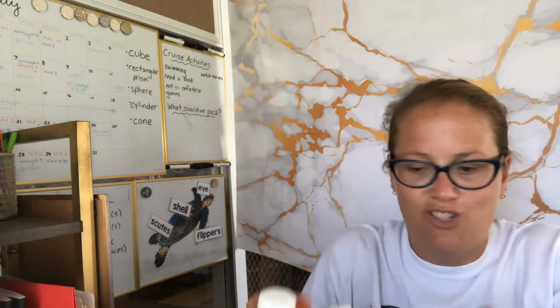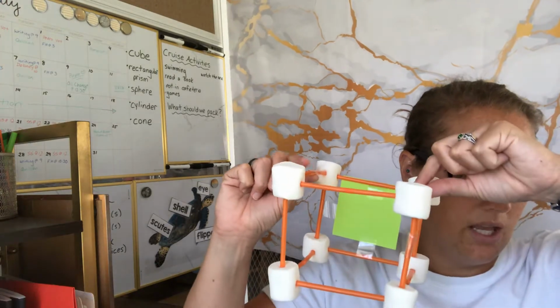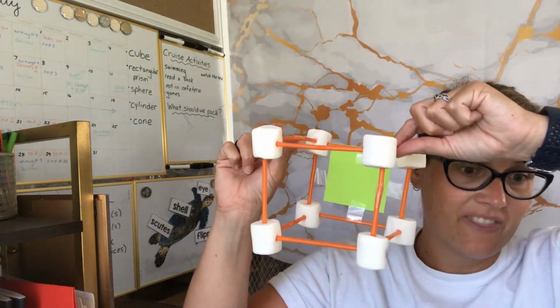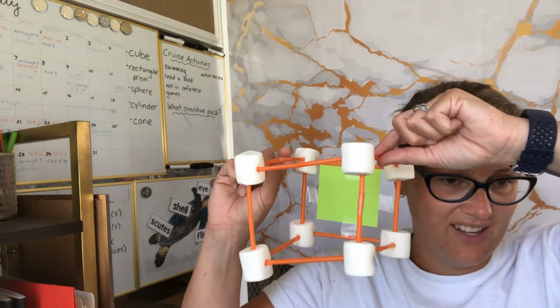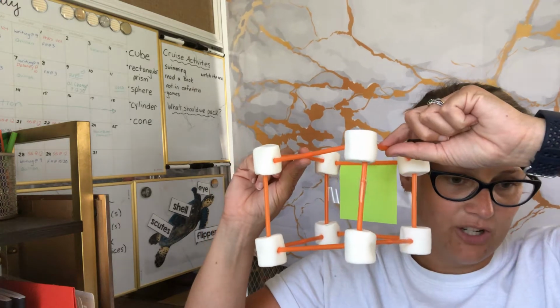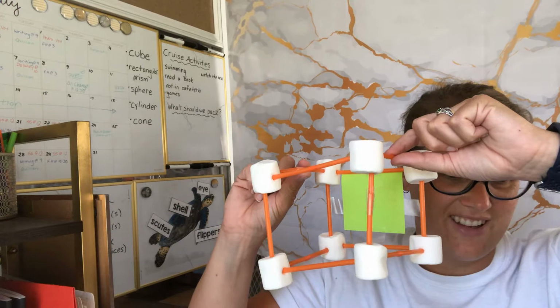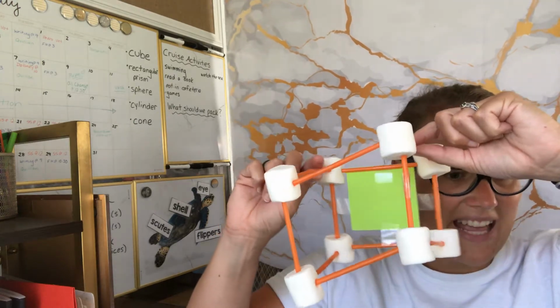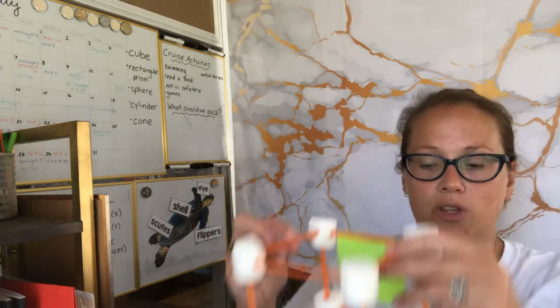It's hard to hold it, so maybe I'll turn it this way. Can you hold it up with your fingers so I can see? How many marshmallows? I see some of you have it. Okay, there's 8 of them. There's 4 marshmallows on the top and 4 marshmallows on the bottom.